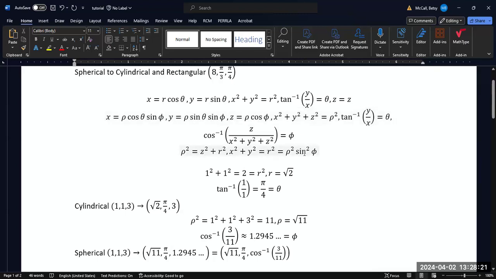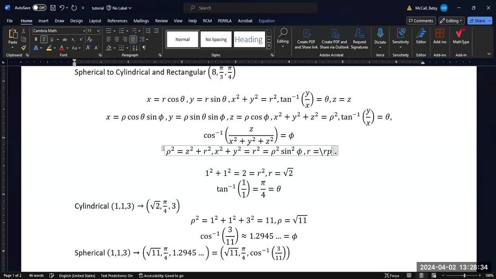What we do still need is the R coordinate, and of course the theta will be the same in both cases. So this is where this R formula comes in, and in fact, if you take the square root of both sides, you do just get rho sine phi.